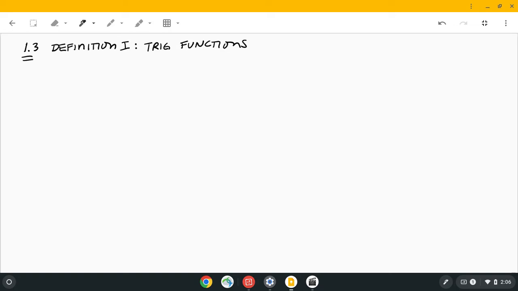So there are several ways to look at the different ratios for the 6 trig functions. Here in this first definition for trig functions, we're going to look at the relationship between x, y, and r. Okay?